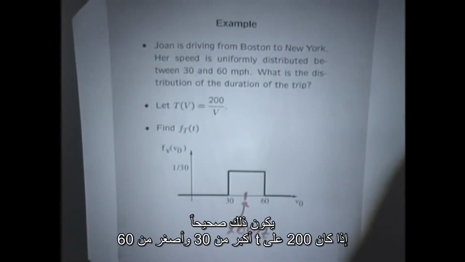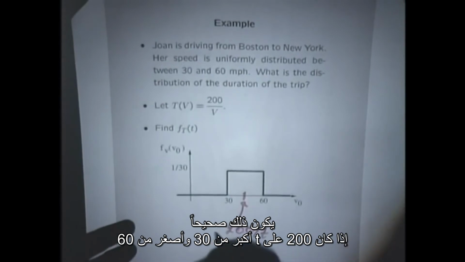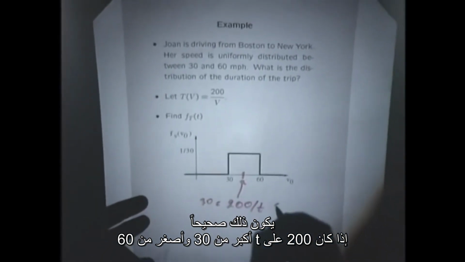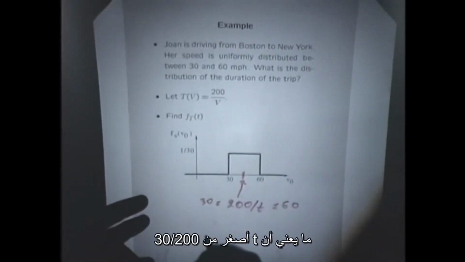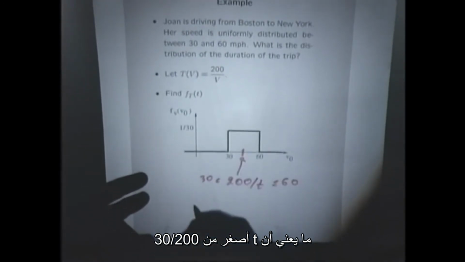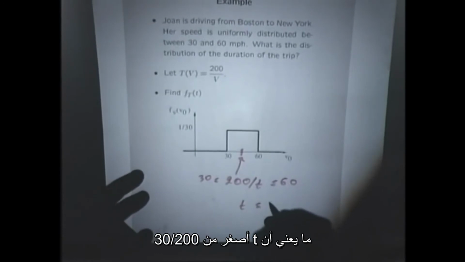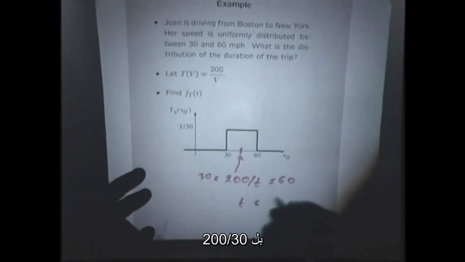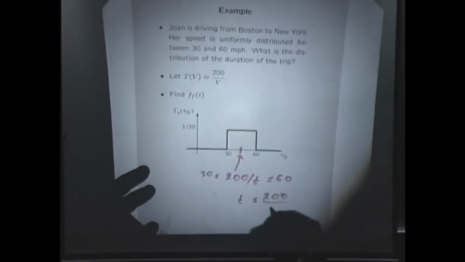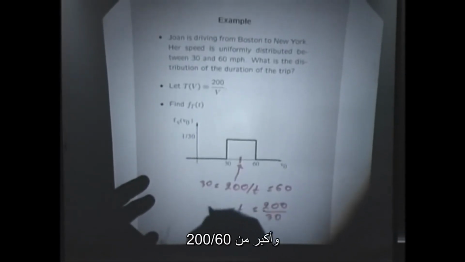So that's going to be true if 200 over T is bigger than 30 and less than 60, which means that T is less than, no, 200 over 30, and bigger than 200 over 60.